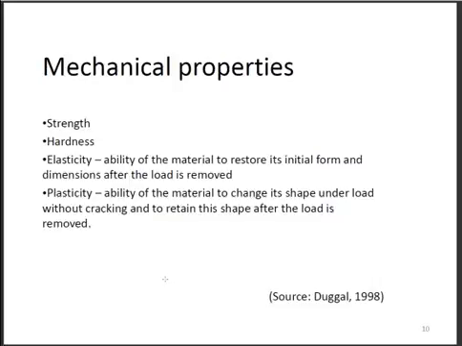The most common material with high elasticity is rubber. And there is plasticity. It is the ability of the material to change its shape under load without cracking, and to retain this shape after the load is removed, for example, steel.